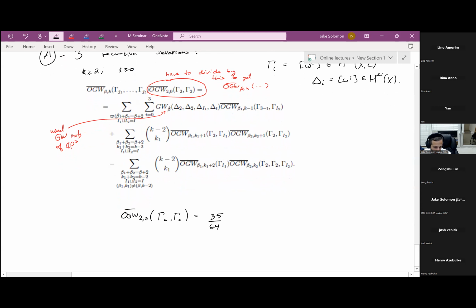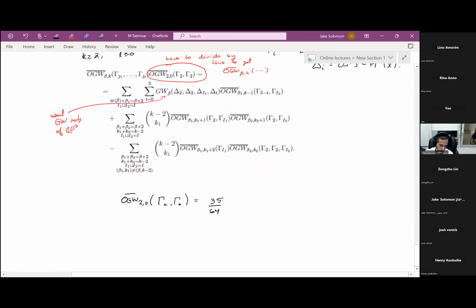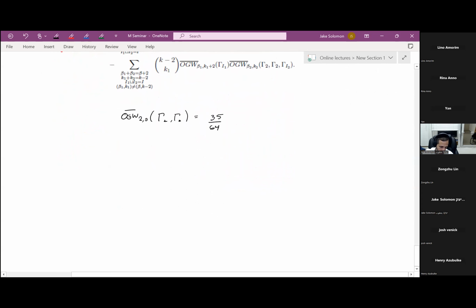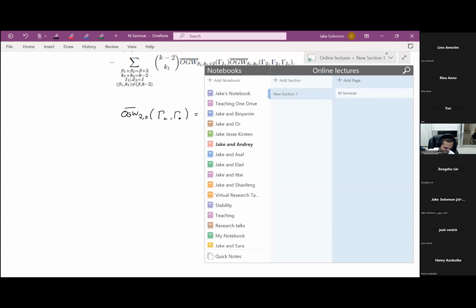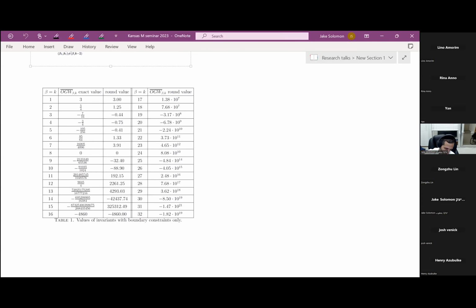So we divide by this thing, and on the other hand, what do you get? And of course, it's done recursively. So each time you go up to the next beta and k, you have to divide more.